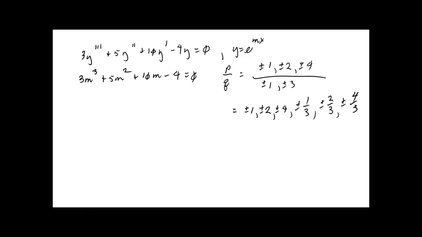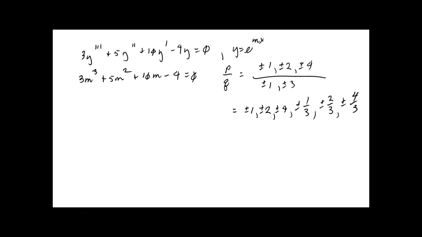No sign change there. No sign change there. One sign change. That means you have guaranteed one real positive root. It may not be rational. It's a real root. Hopefully it's a rational root. You will have one positive real root.